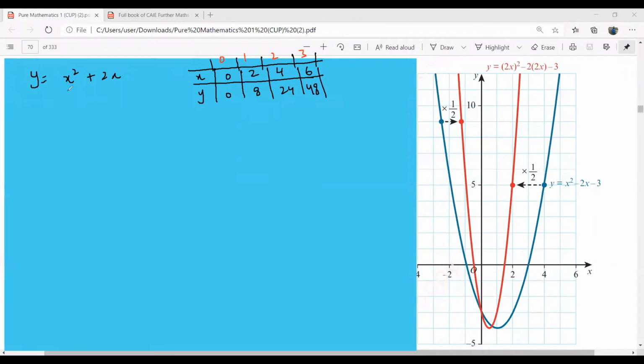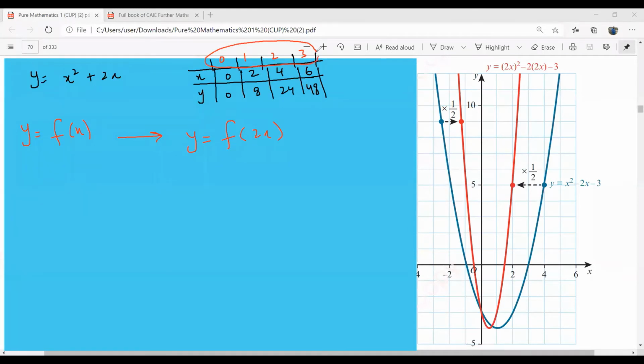So this was the equation that I took in my example, that y is equal to x squared plus 2x. So if this was showing f of x, this has been taken on to y is equal to f of 2x. So when we have written this f of 2x, you have seen what has happened to the x coordinates.